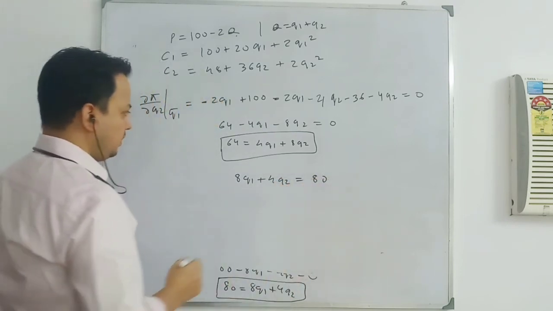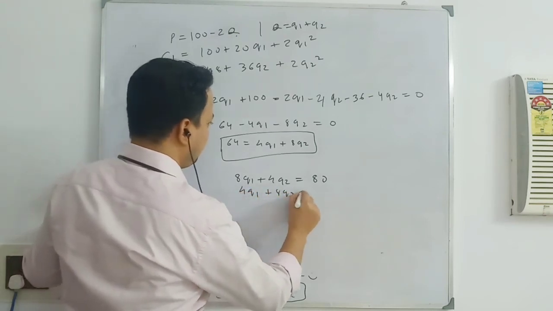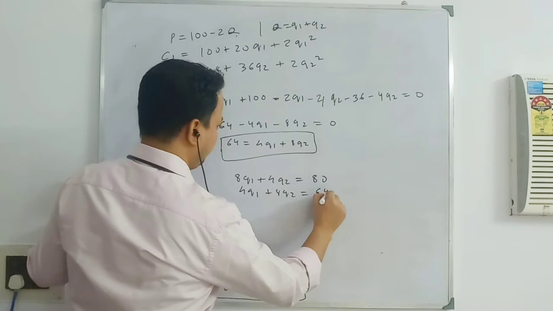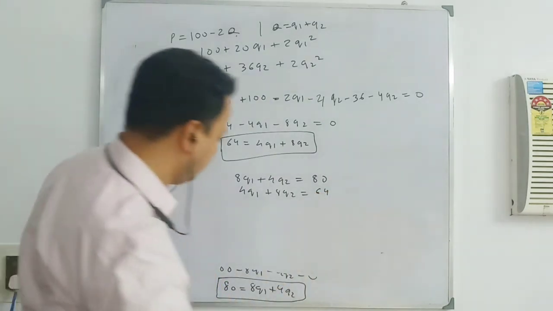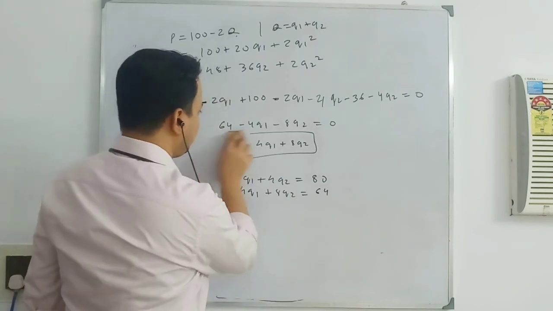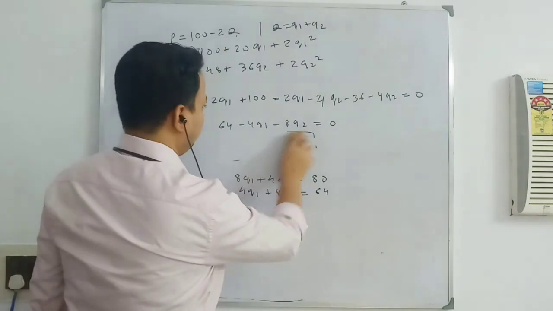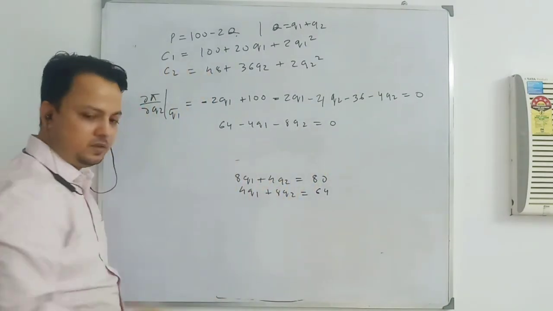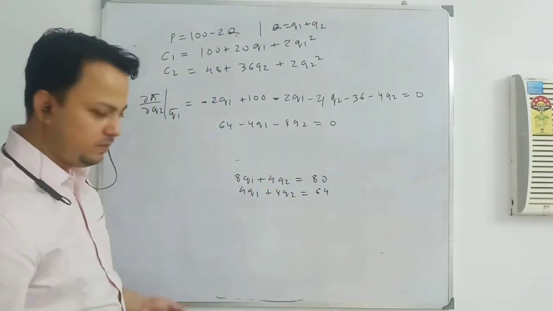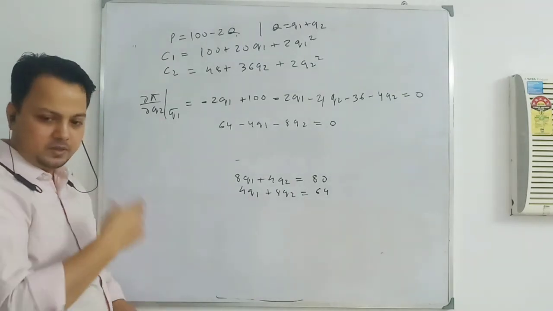Okay, and you have 4q1 plus 8q2 equal to 64. Okay. I have to solve these equations simultaneously. We will be doing it with the matrix method when we do mathematical economics 2, if I am taking that paper in semester 4, but right now do it with its own technique.